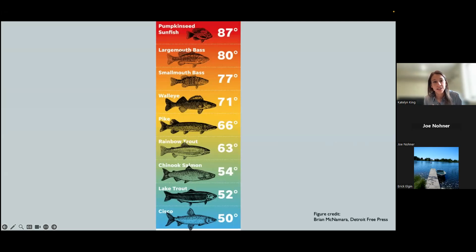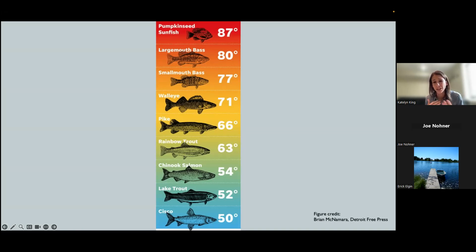And temperature is really important, especially for fish species distributions and community compositions, because it affects some of those processes that are important for fish, such as breeding and growth and feeding. And so fish usually have their ideal temperature. And I love this graphic because it shows you some of the common fish species and what their preferred temperature range is.